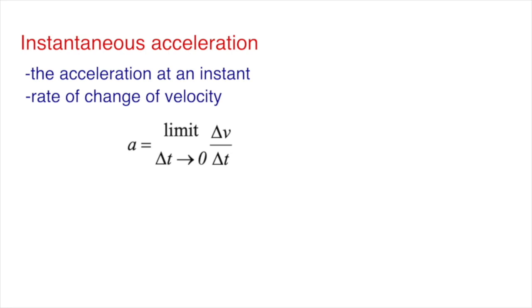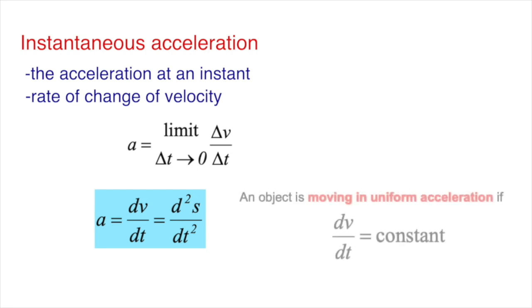Therefore, the instantaneous acceleration is a equal to dv per dt, or d squared s per dt squared. For an object moving in uniform acceleration, dv per dt is constant.